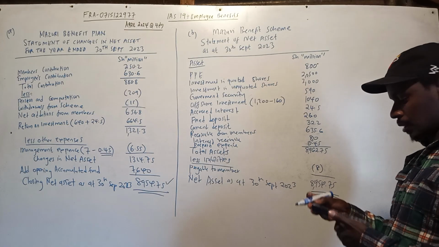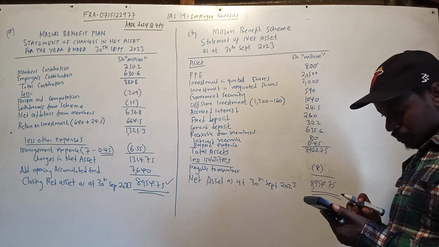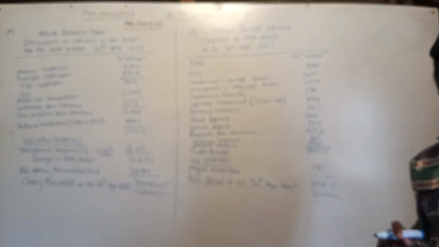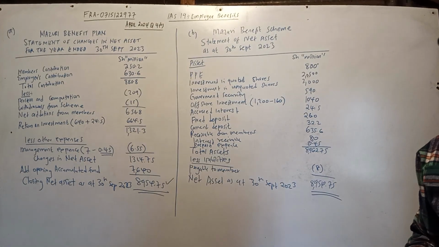So let us less and see if we can get it. 8954.75. That is correct. So that's how you are supposed to do that question.